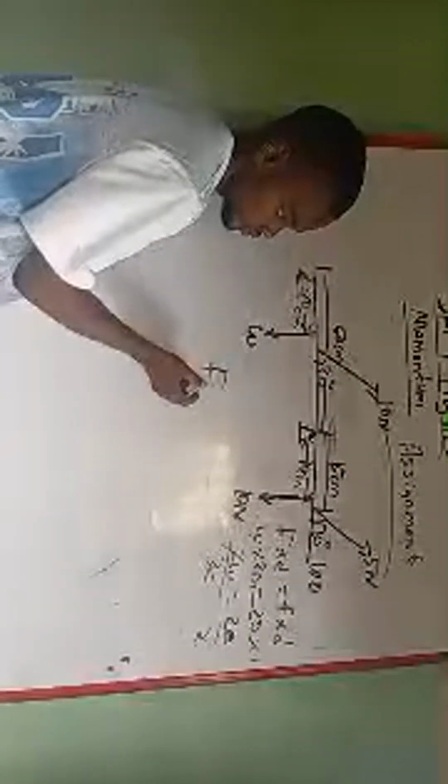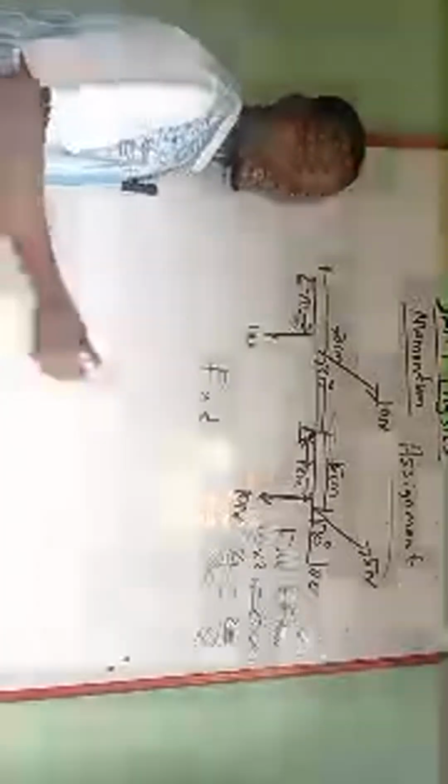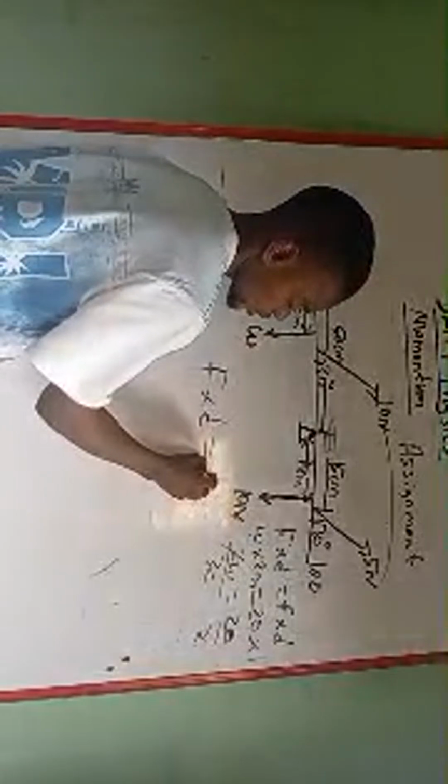Now, how you're going to solve this is, it's just the moment of the force on the clockwise and the moment on the anti-clockwise. That's just it. So you have to denote the moment you have on the clockwise and on the anti-clockwise.